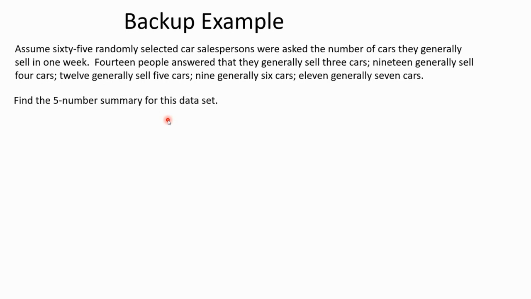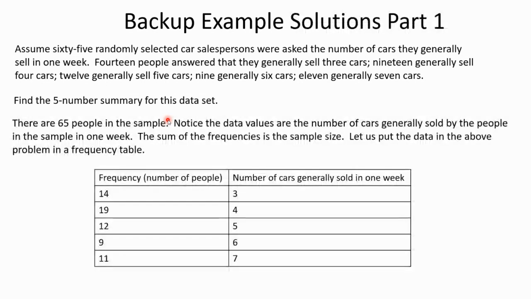Now, to make this a little bit easier, we should organize the data somehow. So what I decided to do was to put it into a frequency table. Okay. And I put some notes over here as well, as you can see. There's 65 people in the sample that's given to us. And the data values we're dealing with are how many cars are sold in a week.